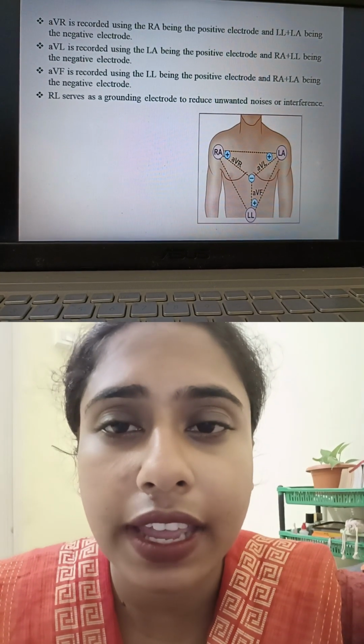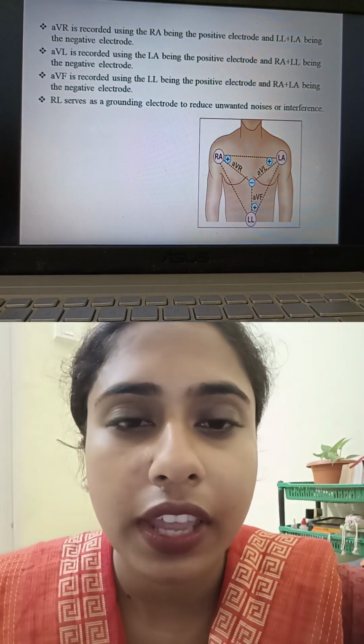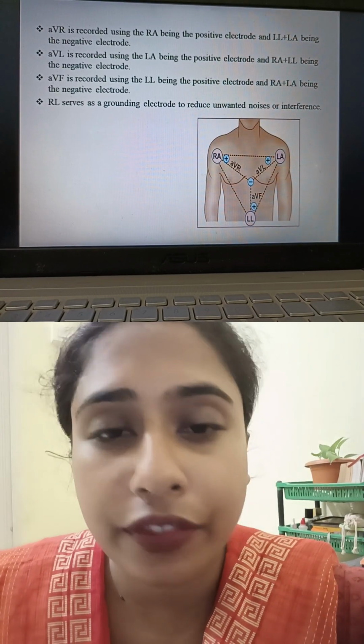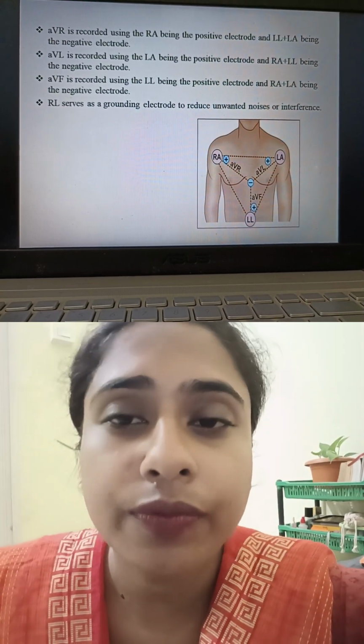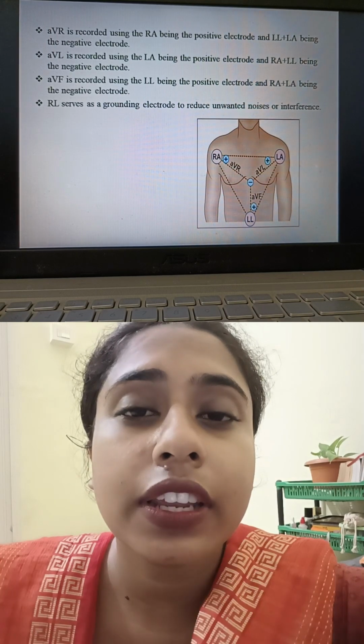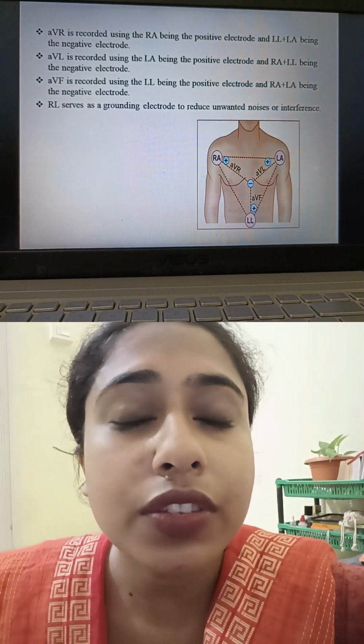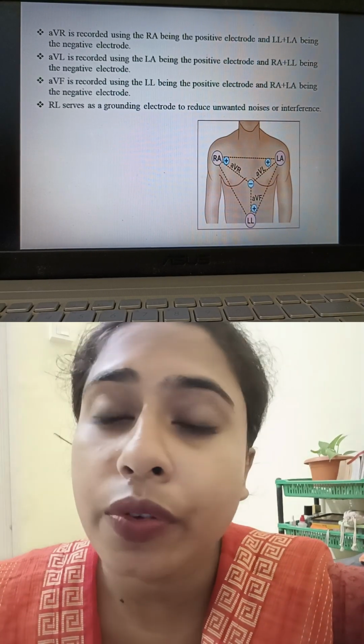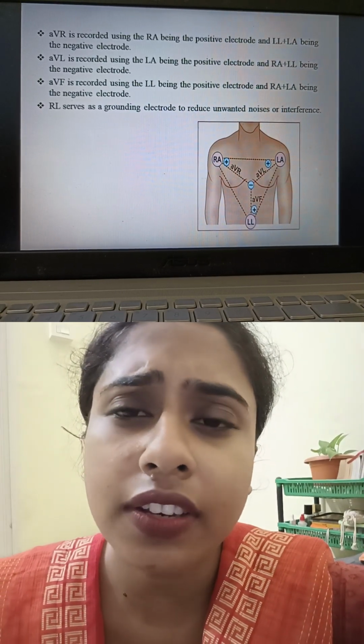Let's see aVR. aVR will be on which side? Right side. So the electrode placed over the right arm will be the positive electrode. aVL will be on which side? Left side.